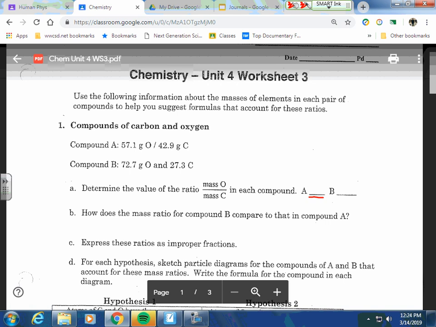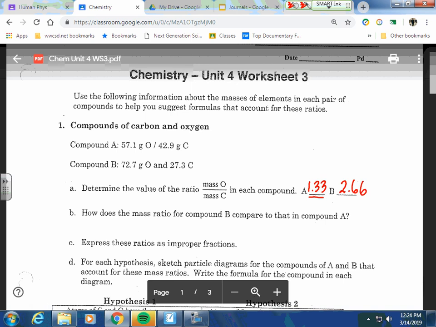1.33. Thank you. All right. Now let's do compound B. It's 72.7 divided by 27.3. 2.66. All right.